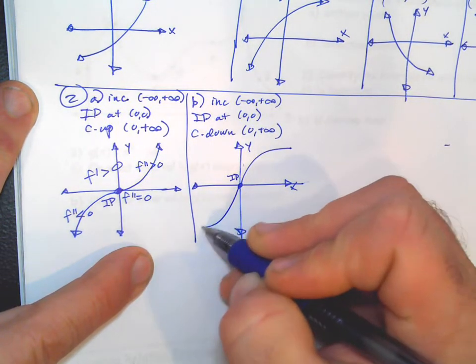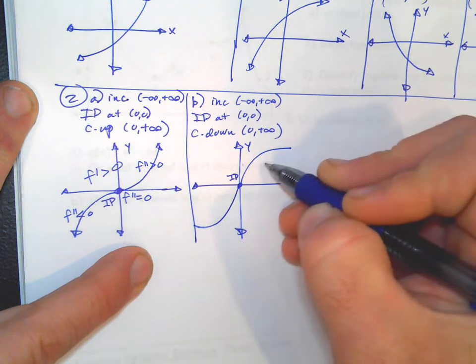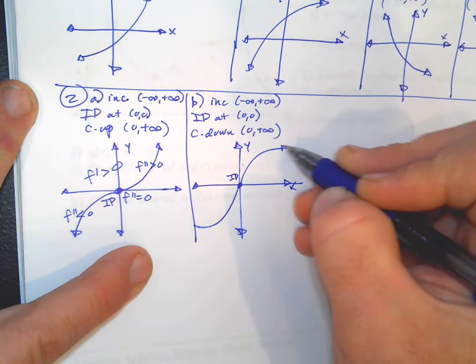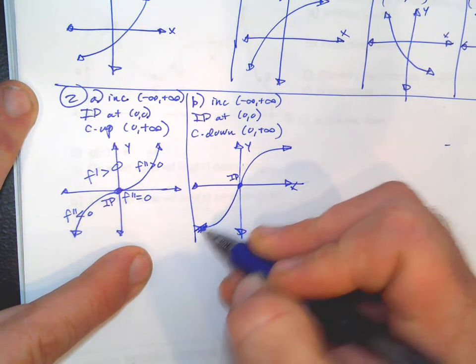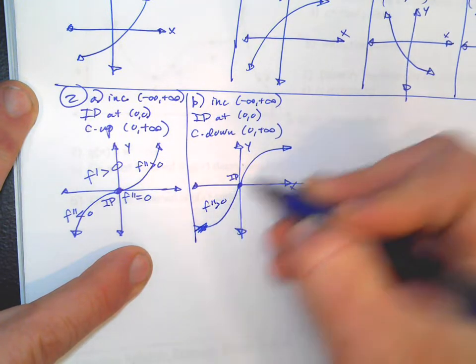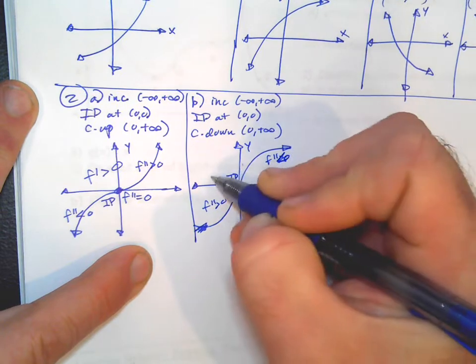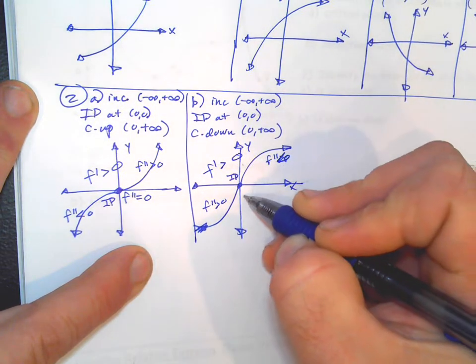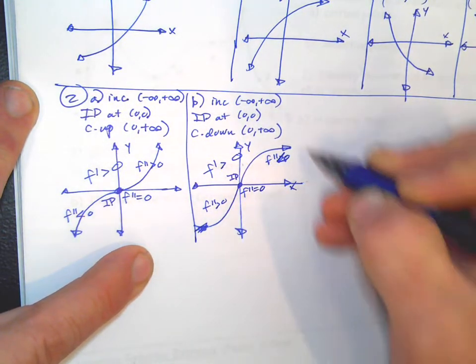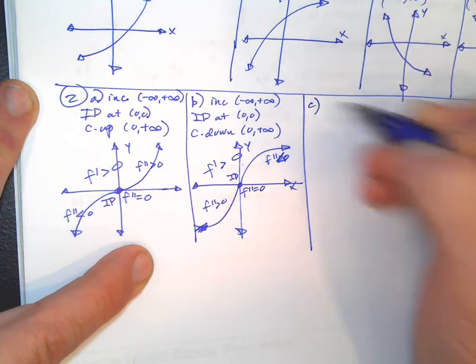So then you've got to switch it. So something like that. f double prime is positive, f double prime is negative, f prime is positive the whole time, and f double prime is going to be 0 there, at the inflection point.